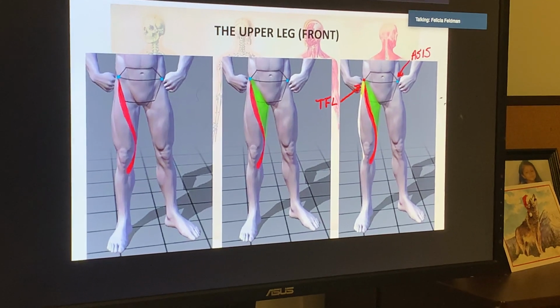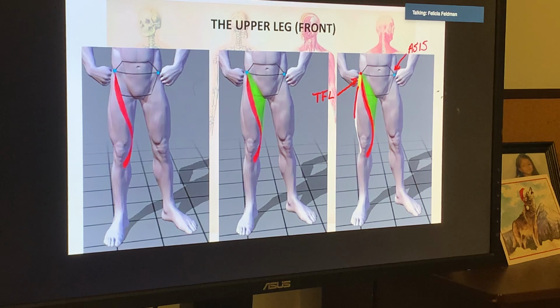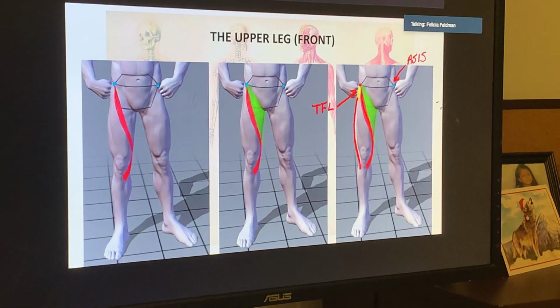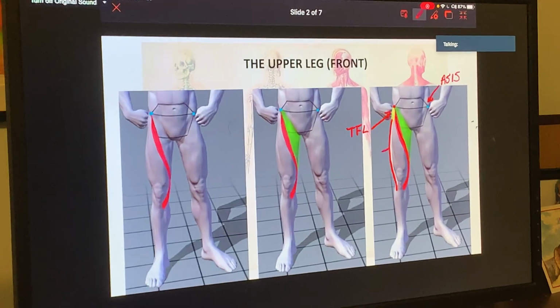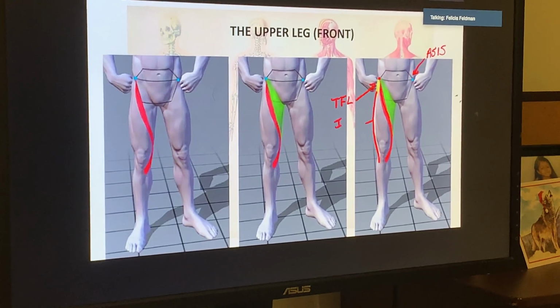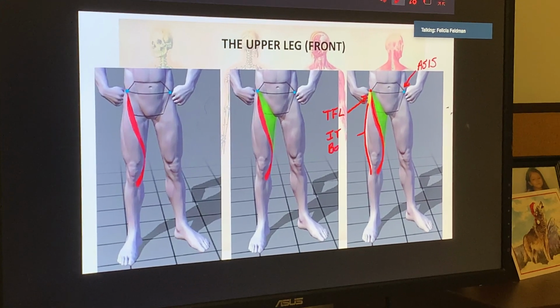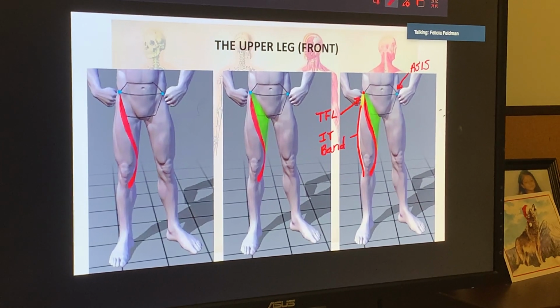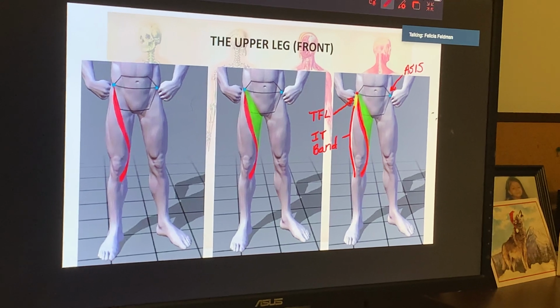The reason why it looks like that is because this long white thing here is a tendon that it attaches to. And this is called the IT band. Once again, that's an acronym. You don't need to know. Just know it's IT band. All right?